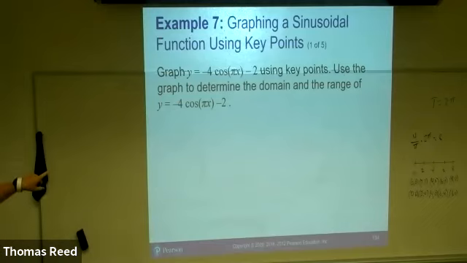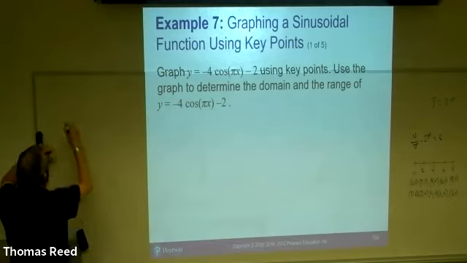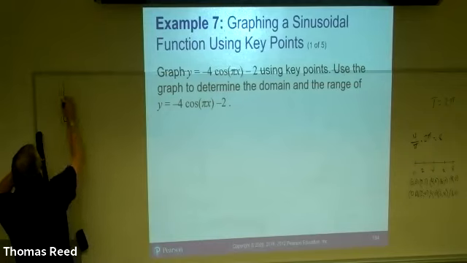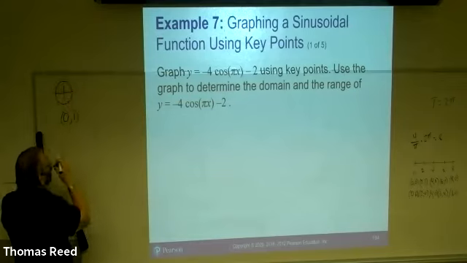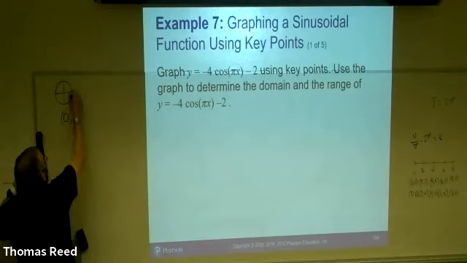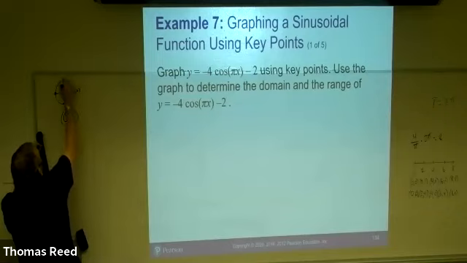Okay. So for cosine, the key points are 0, 1. If you look at the unit circle, these are the x values on the unit circle for the quadrantal angles. Here is 1, 0, 0, 1, -1, 0, and 0, -1.